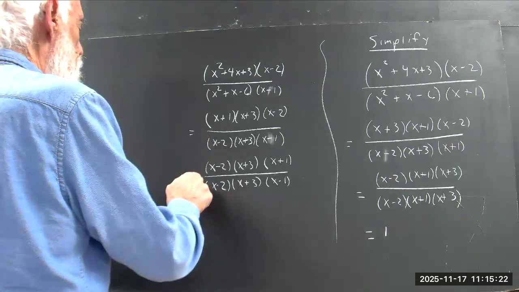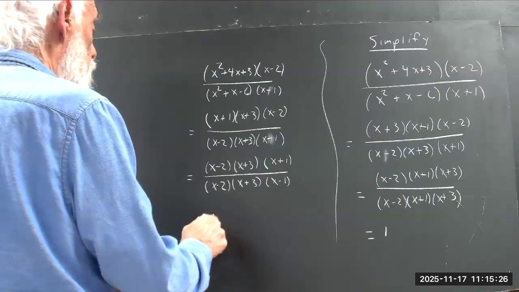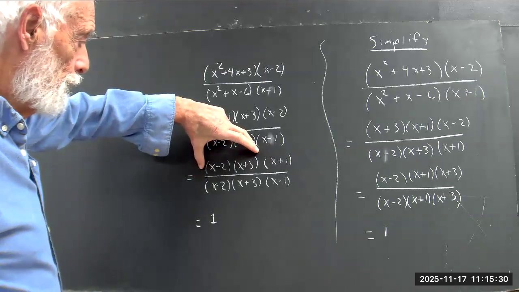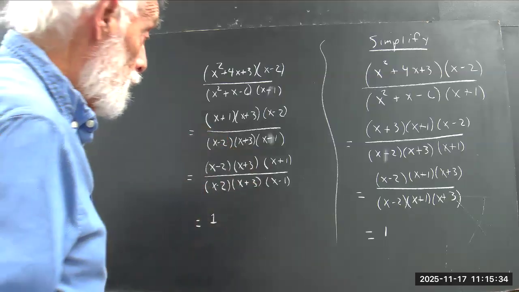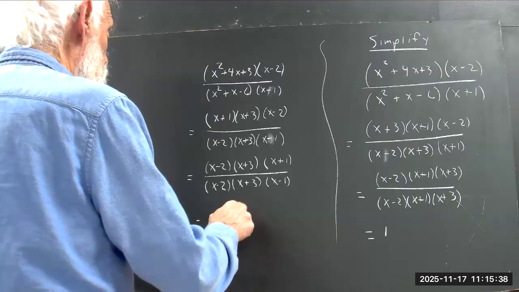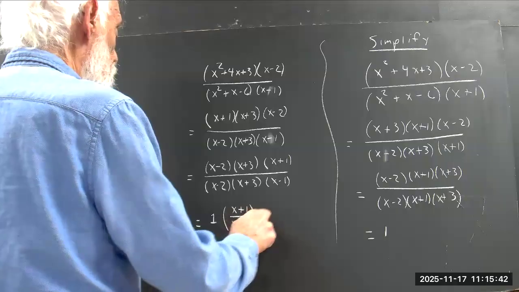So this equals 1, that we get when we divide the x minus 2 times x plus 3 by the x minus 2 times x plus 3 in the denominator. It's 1 times x plus 1 over x minus 1.